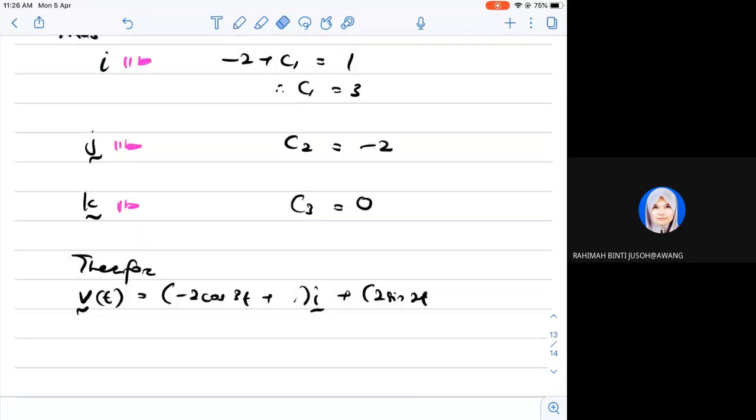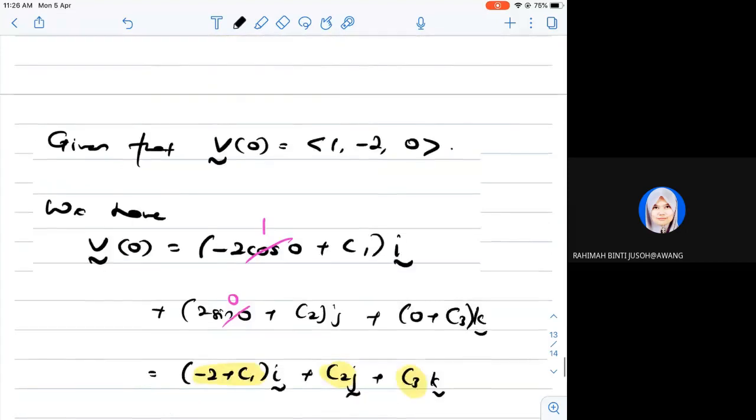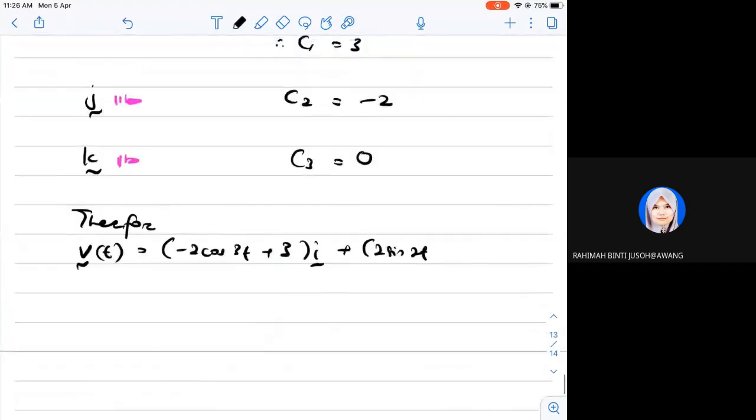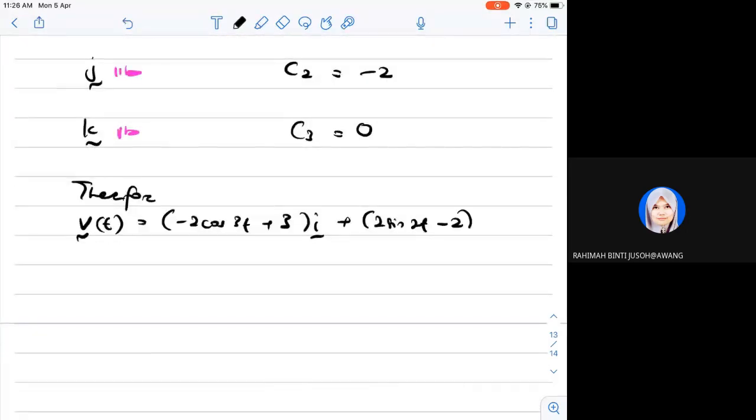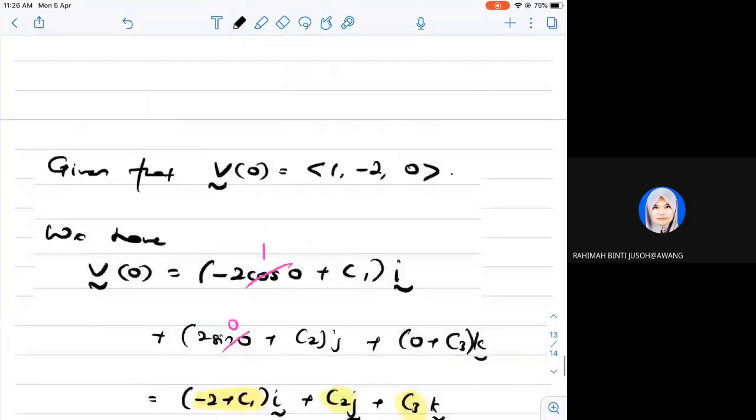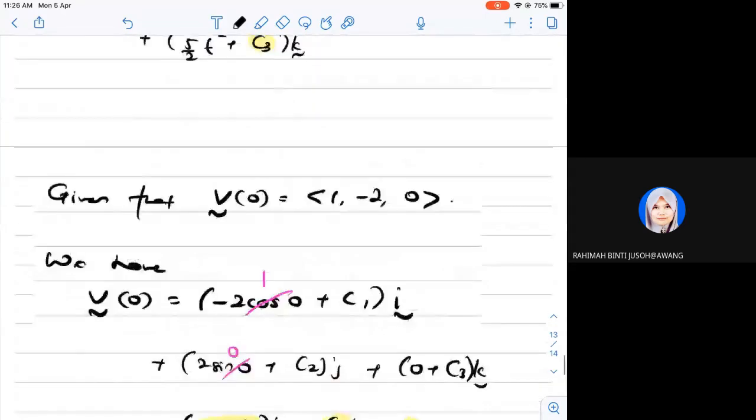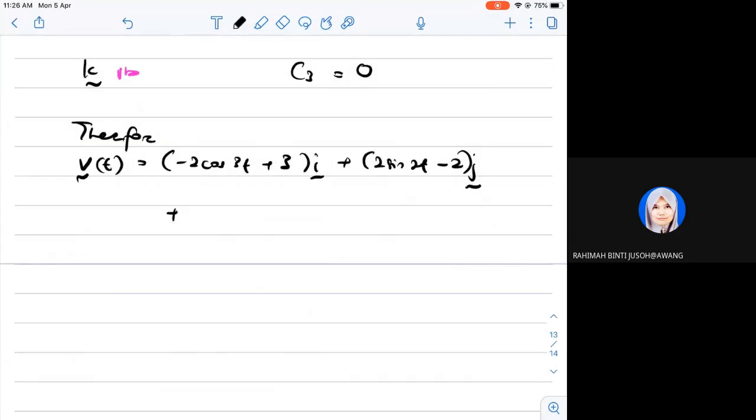Gantikan je dah terus. C1 tadi apa? 3. Macam tu. 2 sin 2t, C2 adalah -2. So, minus 2j. And the last one, C3. Plus 5 over 2t squared. C3 is 0. So, K. So, dah habis. Macam ni je lah.